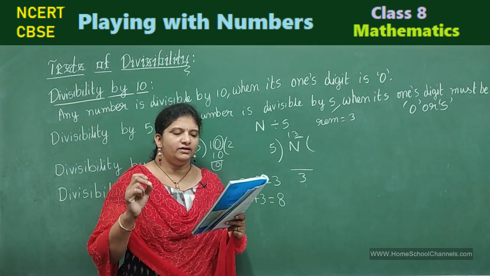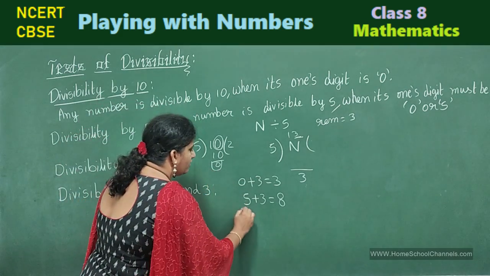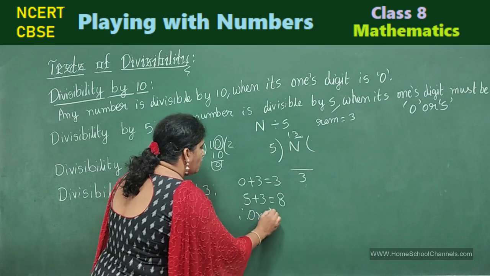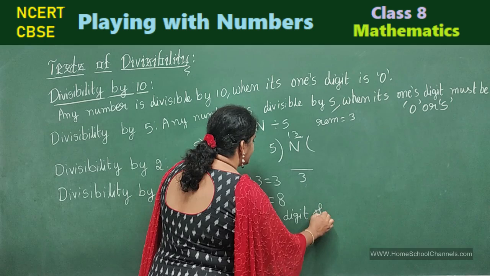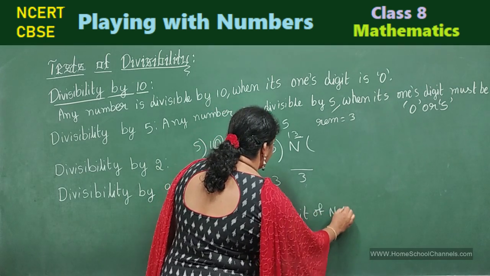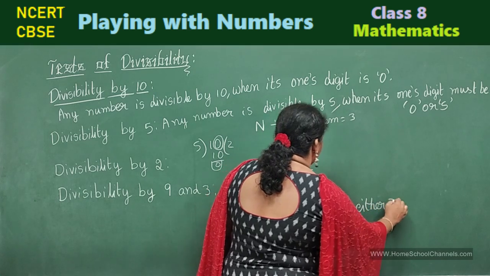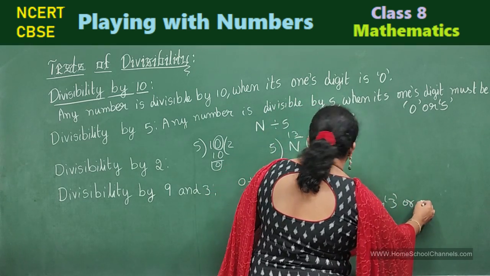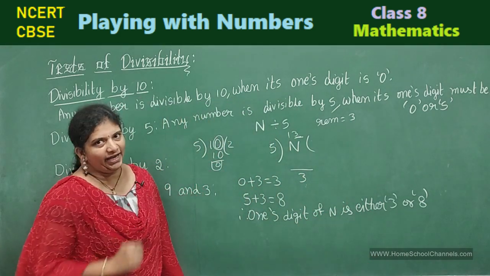Find the ones digit of n. Therefore, the ones digit of n is either 3 or 8.